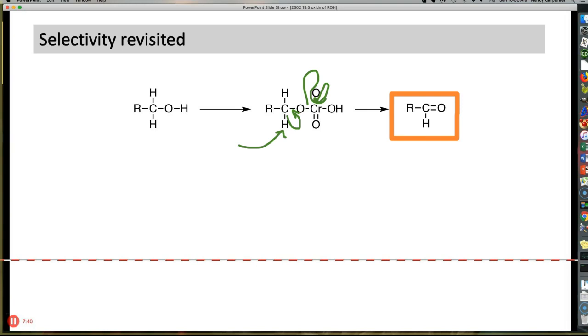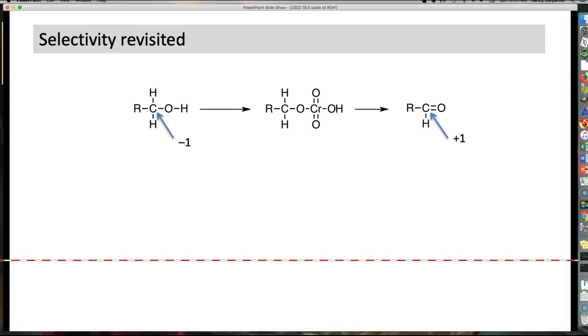There's many times I want to oxidize an alcohol to an aldehyde. This is great, right? But the problem here is, when I do this, what you can see is the aldehyde still has a hydrogen attached. So, aldehydes, being carbonyls, they're good electrophiles too.